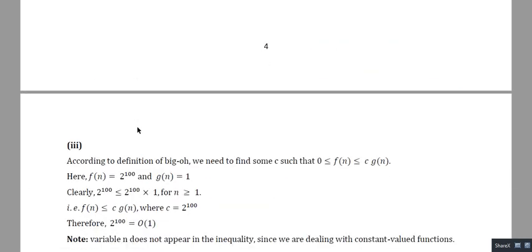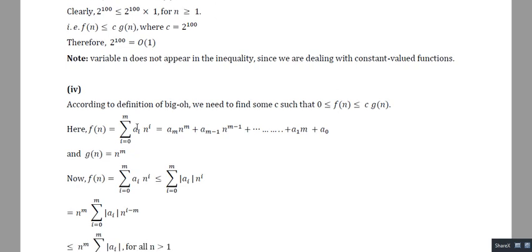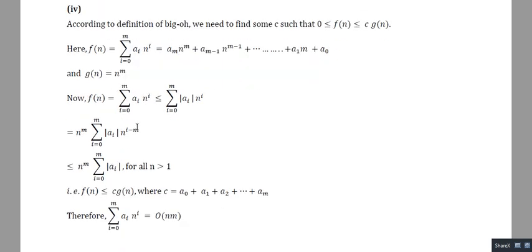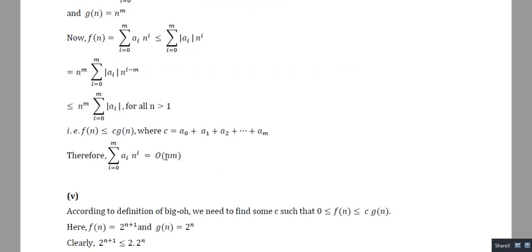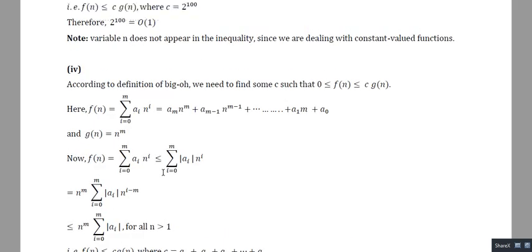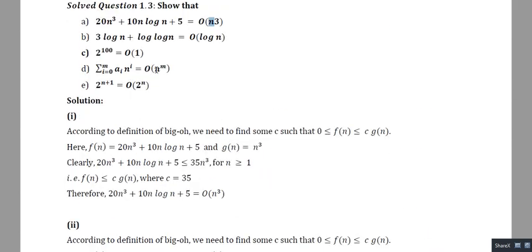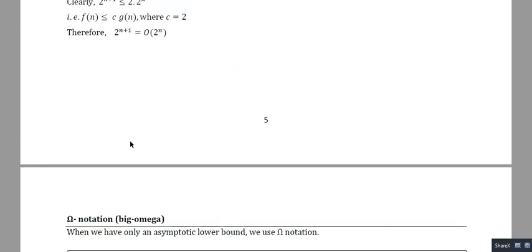Okay, just go through these examples. Again I think there is a small printing mistake. It will be order of n power m, you can check here, order of n power n. So these are very simple questions, you just go through them.